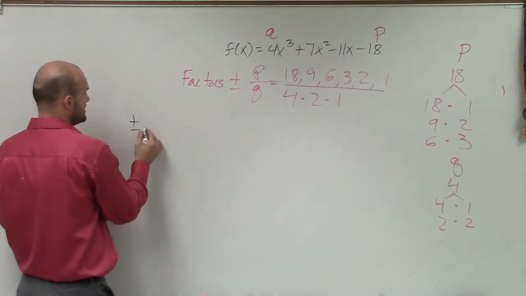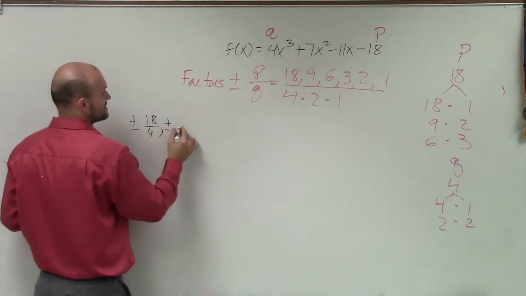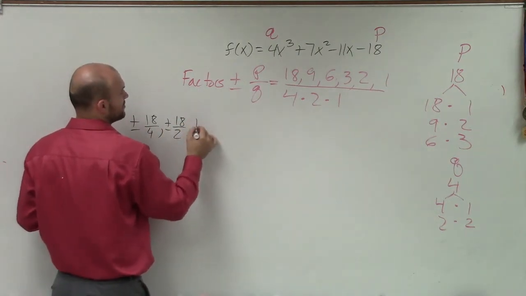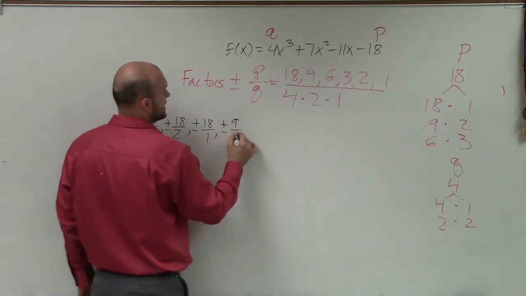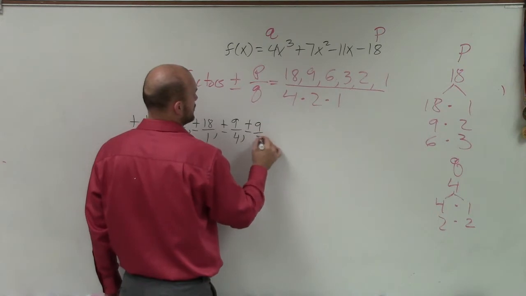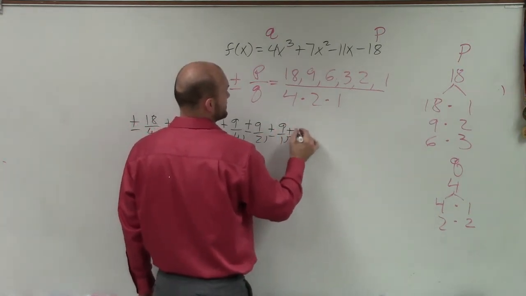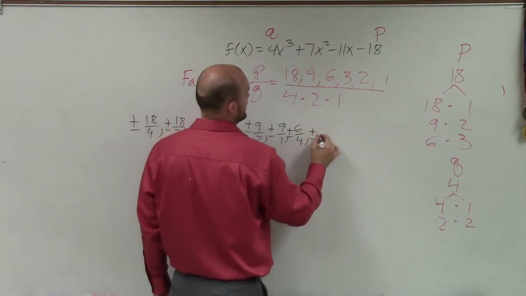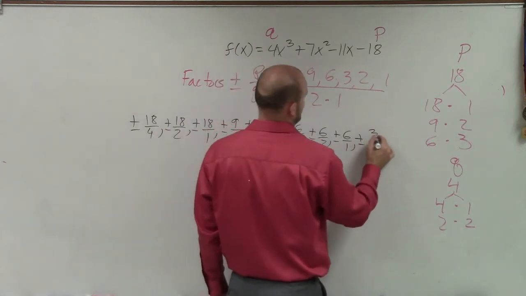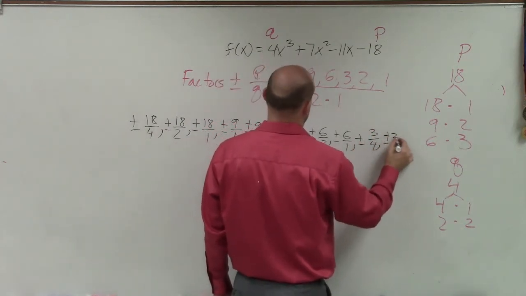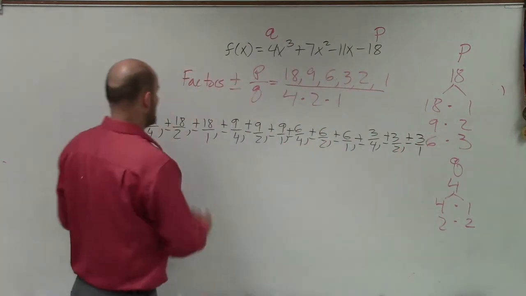So we have plus or minus 18 over 4, plus or minus 18 over 2, plus or minus 18 over 1, plus or minus 9 over 4, plus or minus 9 over 2, plus or minus 9 over 1, plus or minus 6 over 4, plus or minus 6 over 2, plus or minus 6 over 1, plus or minus 3 over 4, plus or minus 3 over 2, plus or minus 3 over 1. And I'm running out of space, so I'll continue on.